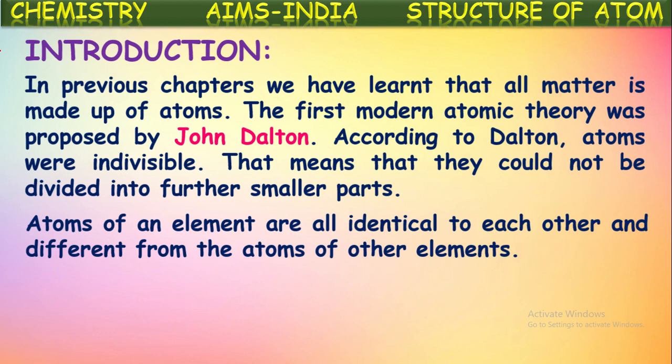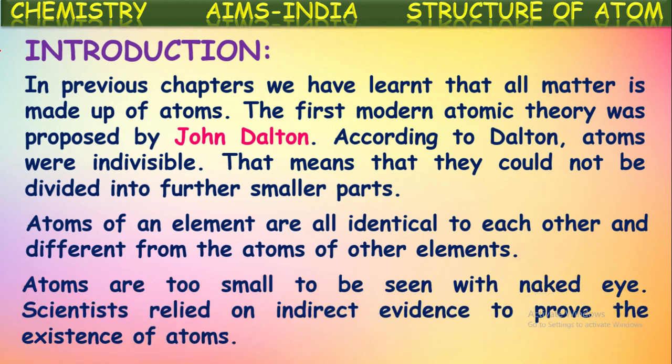Atoms of an element are all identical to each other and different from atoms of other elements. These are also the points from John Dalton's atomic theory, isn't it? He said that atoms are the smallest particles of matter and cannot be divided further, and atoms of an element are the same in all respects, while atoms of different elements differ from each other in all properties.